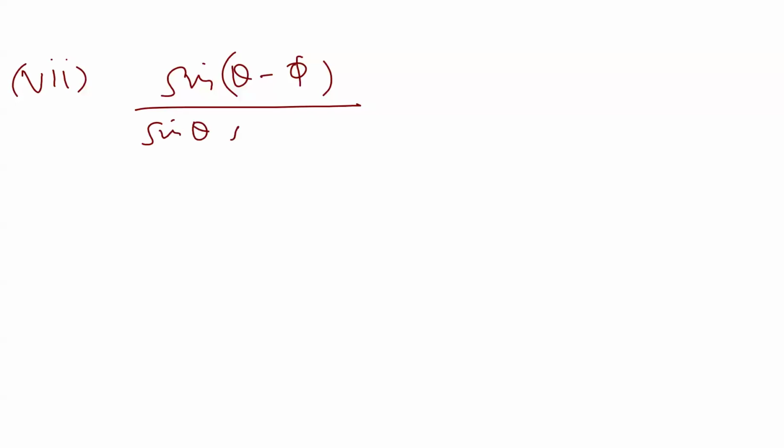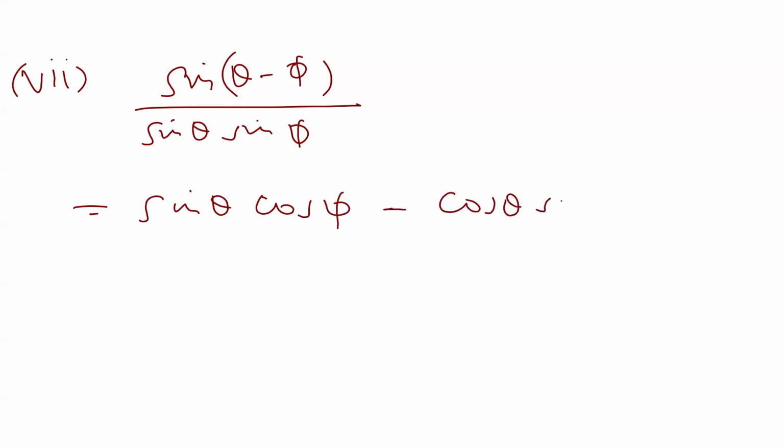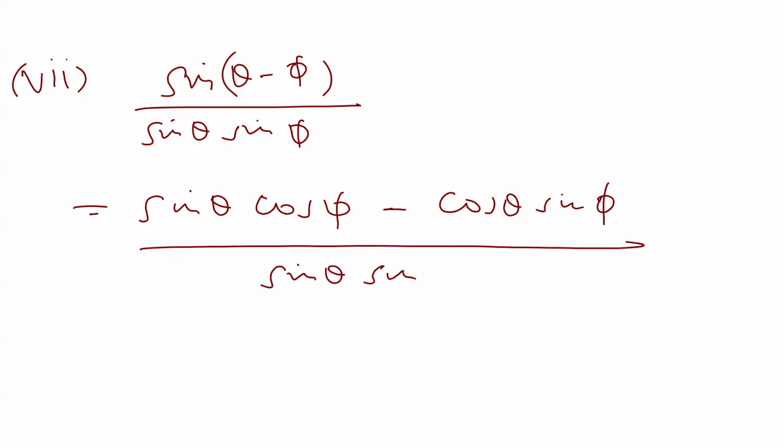Seventh one, sin theta minus phi, sin theta sin phi. In the numerator, use compound angle formula. Sin theta cos phi minus cos theta sin phi, sin theta sin phi.